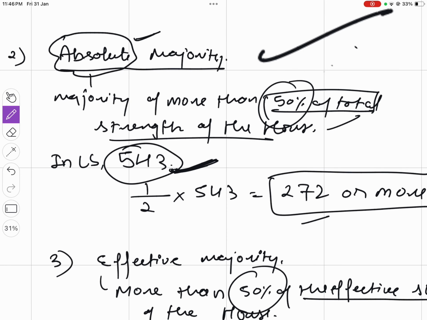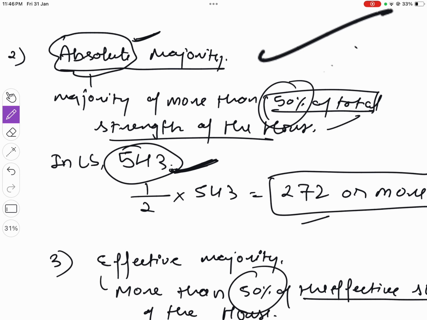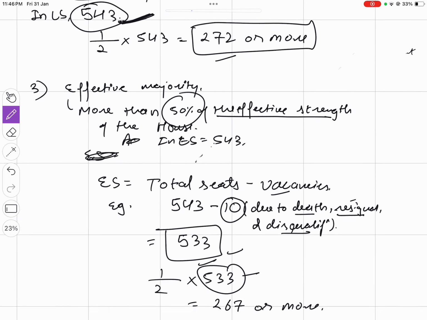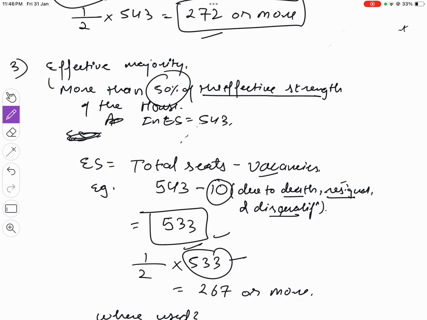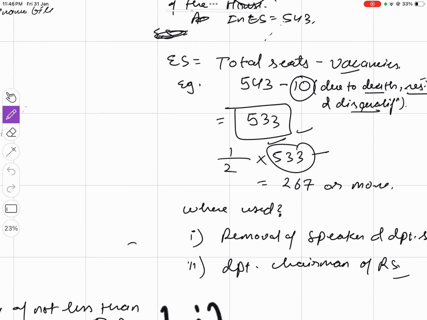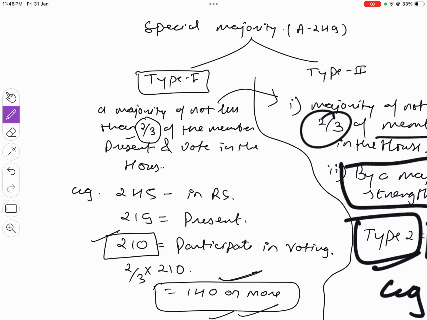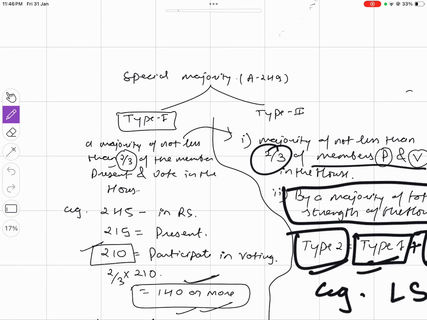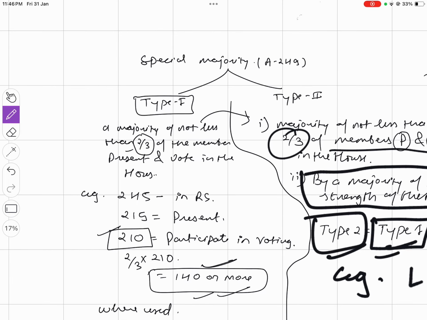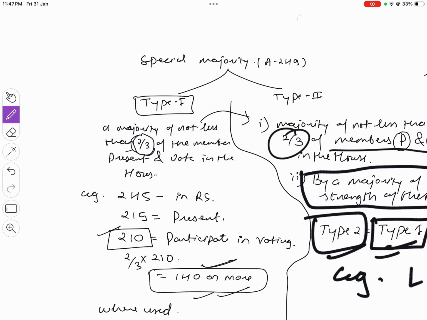Absolute majority, the term absolute suggests you have to find from the total strength of the house. And effective majority, we reduce the vacancies and then find. In special majority type 1 and type 2, type 1 is simple. Earlier we were using the figure 50%, now here it is 2/3.